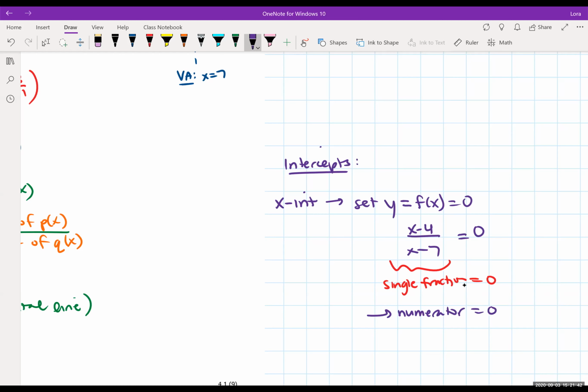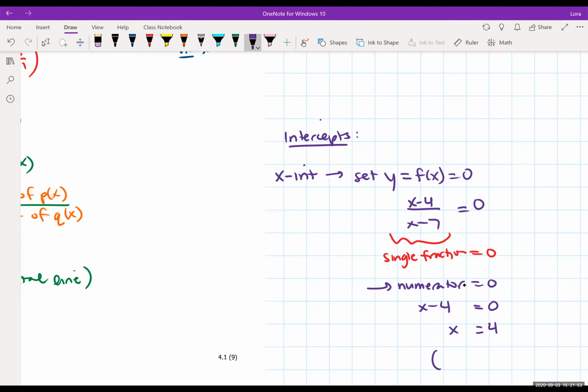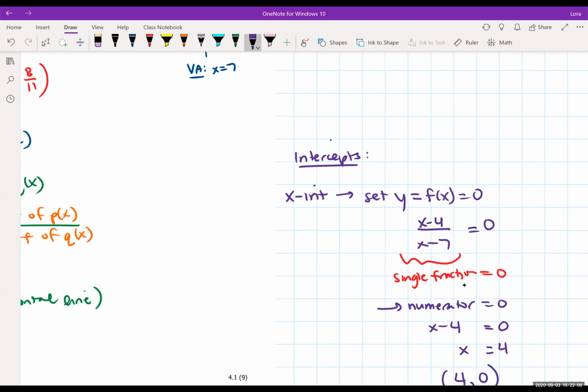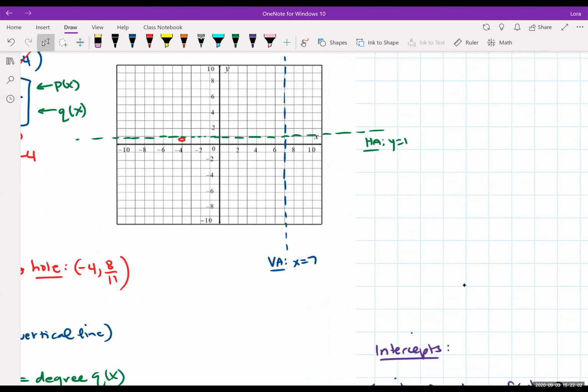So our numerator is x minus 4. If we solve that equation, we get x equals positive 4. So that's going to tell us our x-intercept. Remember ordered pairs: x goes first, the y value is 0. So 4 comma 0, we can add that to our graph. So that's going to be right about here.